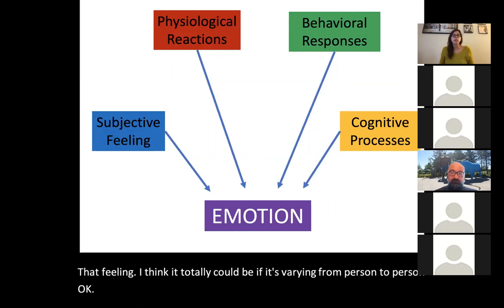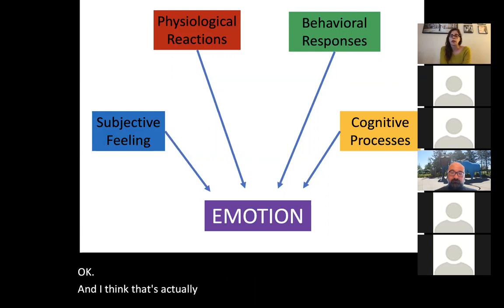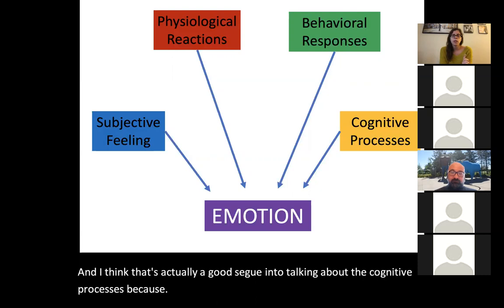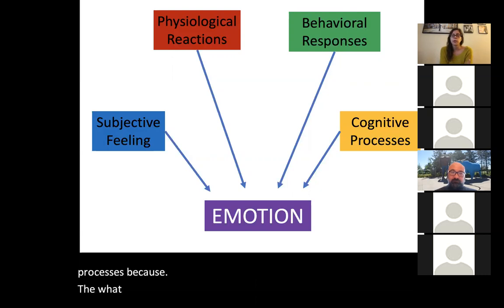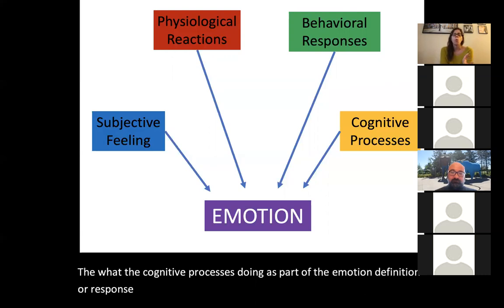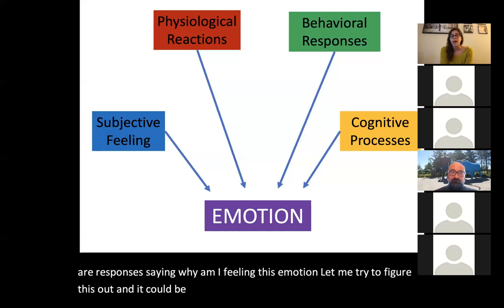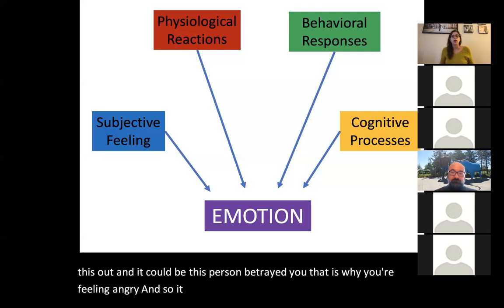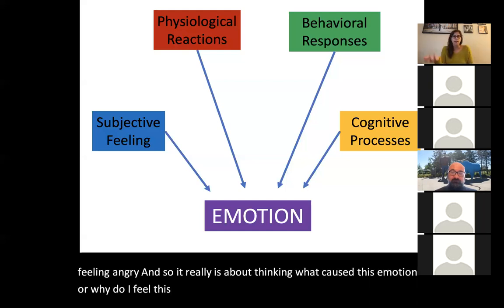And I think that's a good segue into talking about the cognitive processes, because what the cognitive process is doing as part of the emotion definition is saying, why am I feeling this emotion? Let me try to figure this out. And it could be this person betrayed you. That is why you're feeling angry. So it really is about thinking about what caused this emotion, or why I feel this way.